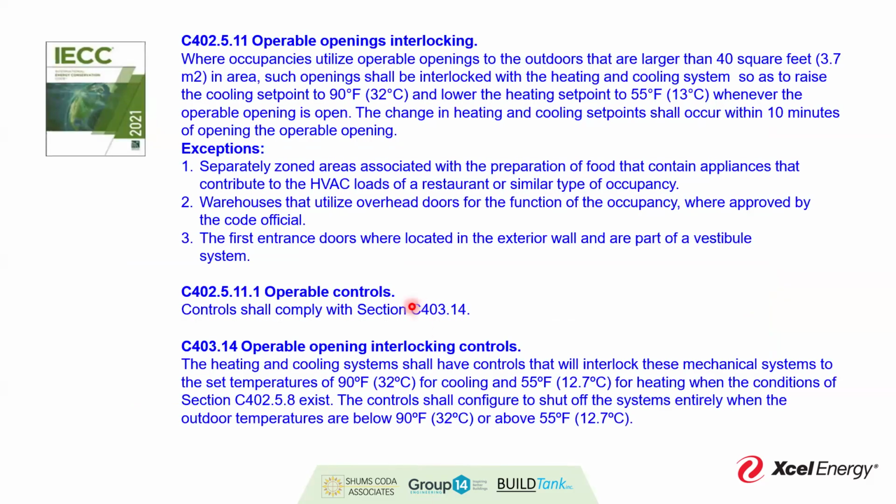So now we'll jump over to operable openings here. That's C402.5.11. So this is in the 21 IECC. There are some changes to this, and I'll identify them in the 24, but it's pretty close to a similar application here. And what we're looking at is, okay, we've got these areas now in a lot of restaurants, especially post-COVID, where maybe they added that outdoor seating arrangement, right? Expanded into a patio area that they didn't have before.